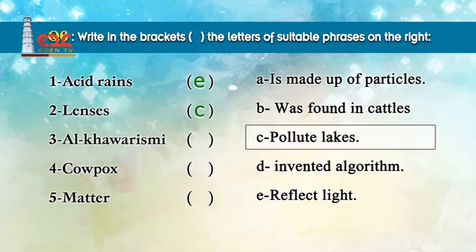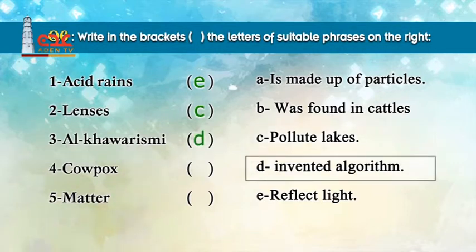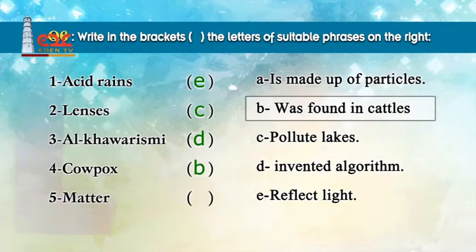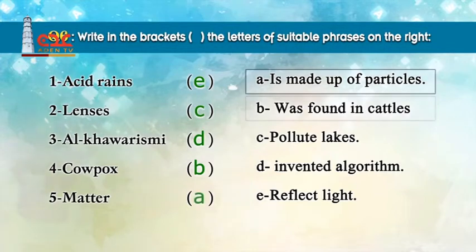Number 3, algorithm, the letter D, invented algorithm. Number 4, cow books, the letter B, was found in kettles. Number 5, matter, the letter A, is made up of particles.